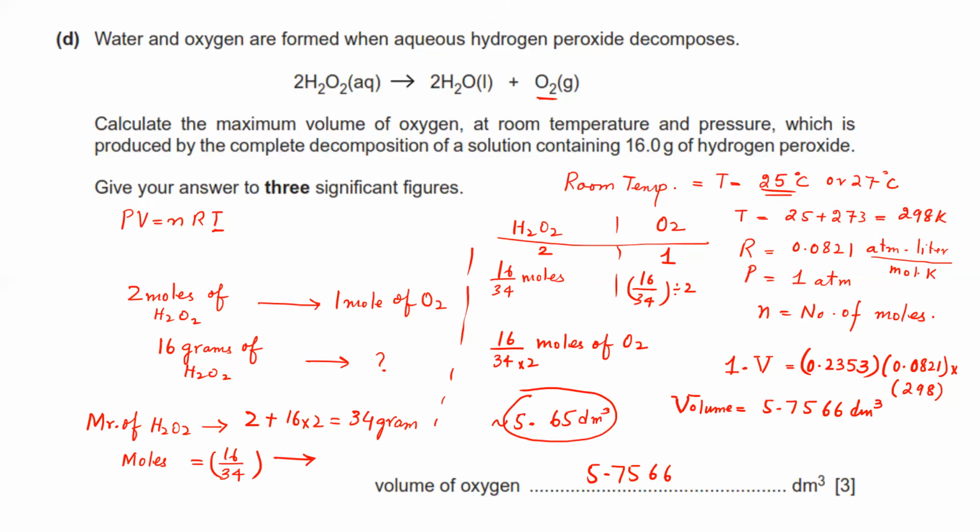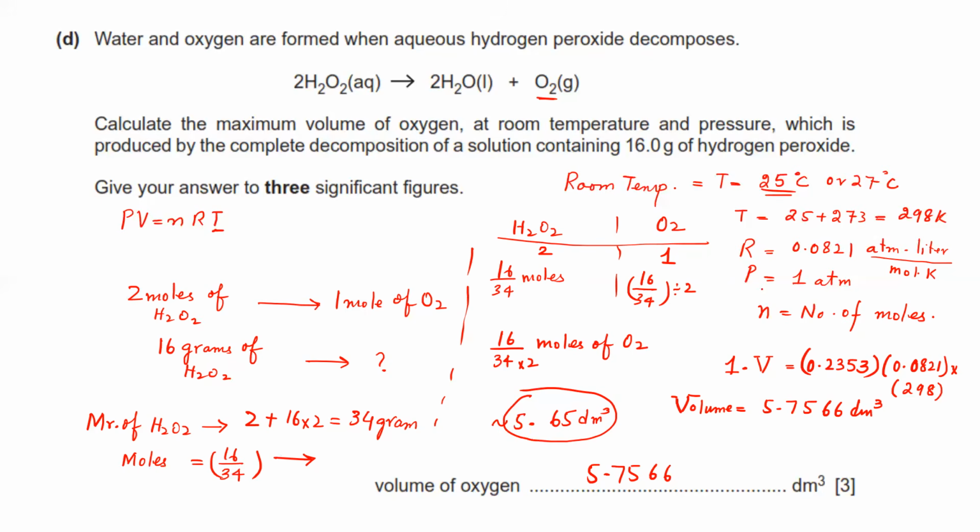So 0.235 multiplied by 0.082. I mean, it is fine. We have done the calculations right. There is a little bit of round off calculation error in our calculation and in the ones which they have used in the exam.